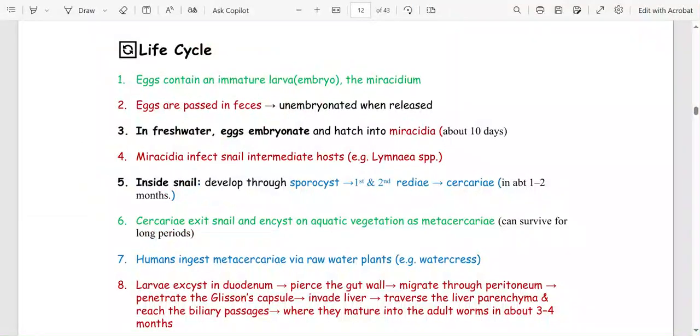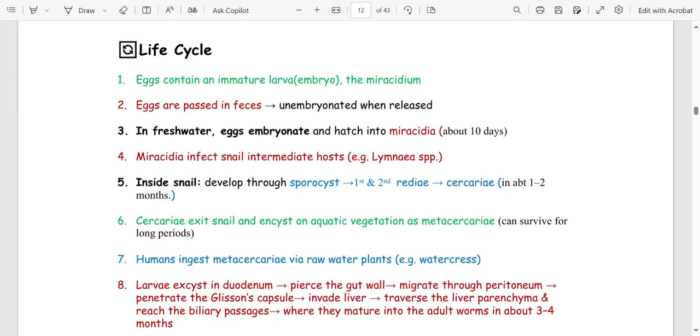The eggs are going to be passed in feces, and the unembryonated egg is going to be released. It's unembryonated because you really don't have a larval embryo inside yet. So when these eggs have been passed in fresh water, they are going to embryonate.